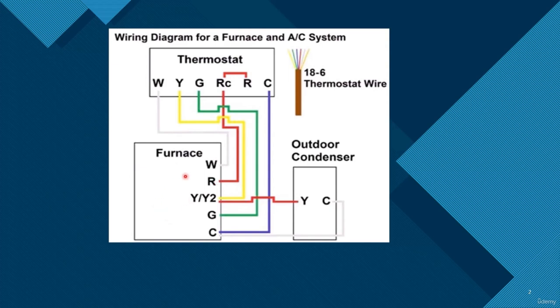So, if one thing doesn't come on, we're going to be troubleshooting that, but I just wanted to give you the schematic of where these wires go, what they stand for, what they do. And we're going to go ahead and, like I said, go through the physical location of the thermostat and the wiring, and we'll do that right now.